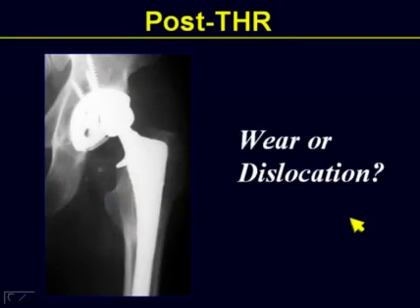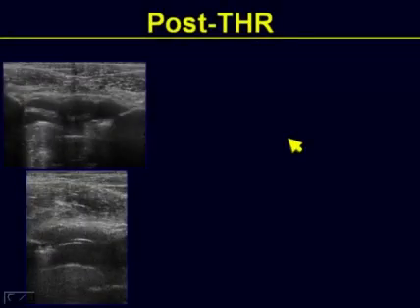Once in a while, though, you could have changes like this. Note the incongruity of the artificial femoral head against the acetabular cup. We don't know if this was a traumatic dislocation or simply wear and tear. On ultrasound, in the long axis view, you can identify the intertrochanteric ridge, the pseudocapsule, the reverberation of the femoral neck and femoral head.